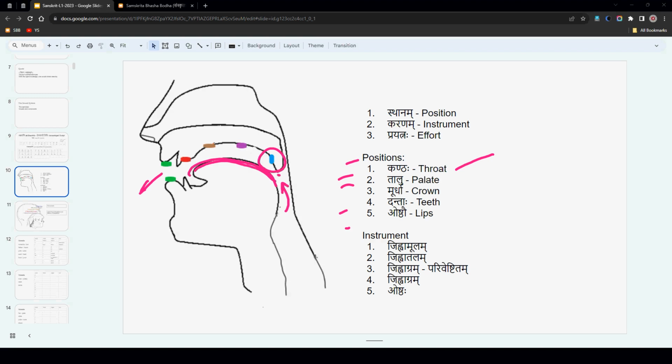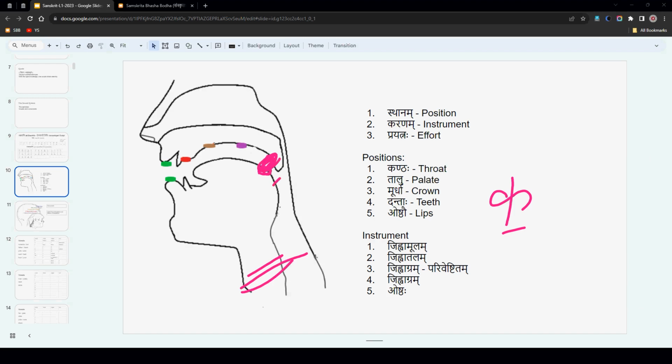And what blocks it, that is the instrument. For example, when we are trying to say ka, Vyanjana ka, let's keep that aside for a moment. When we are trying to say ka, you can experience that the back part of the tongue is blocking the air here, the back part of the throat, kantha. This is not kantha here, this is the starting part here.